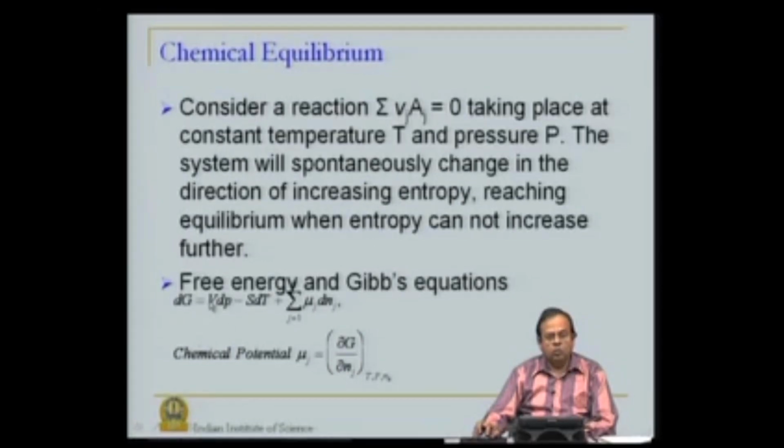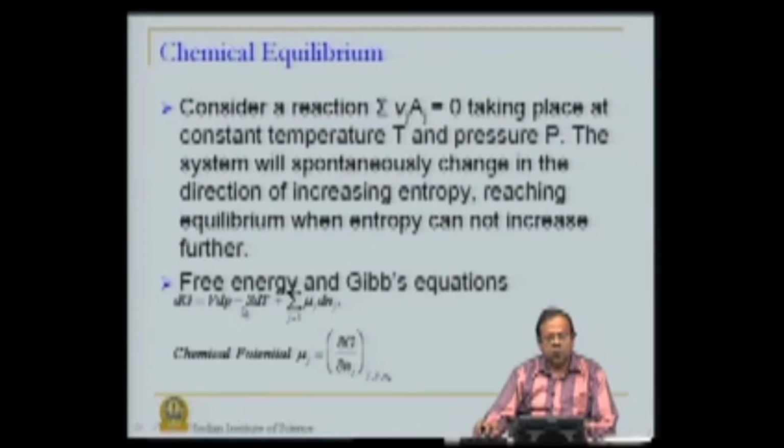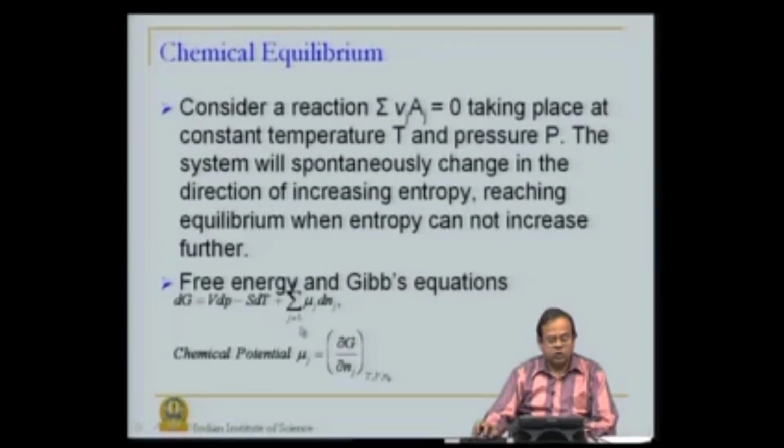V is the volume of the system, P is the pressure, S is the entropy, T is the temperature, N is the number of moles of species in the system, and there is a quantity mu j, which is nothing but the chemical potential of the species.